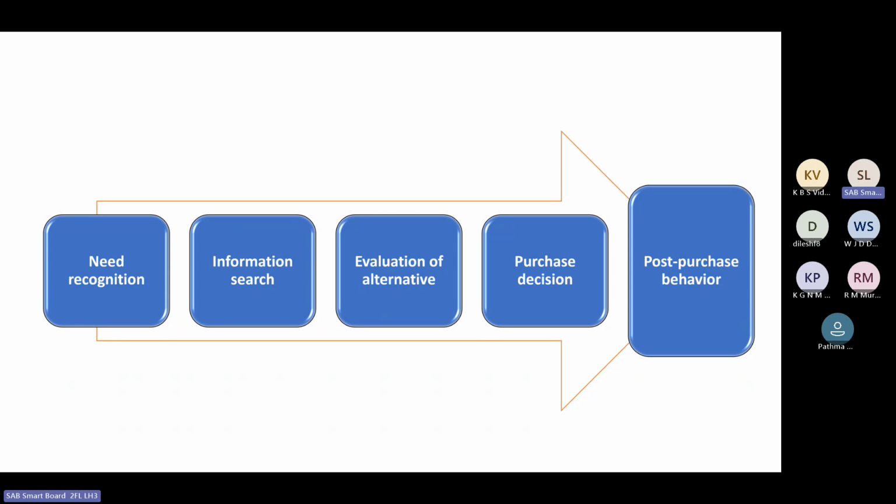The second stage is information search. After recognizing the need, what kind of information will you be looking for? As our purpose is a flagship phone with a good battery life, capable of making YouTube videos and editing, and also online classes, for that we need a good battery life, camera, and a big screen that can show quality content.